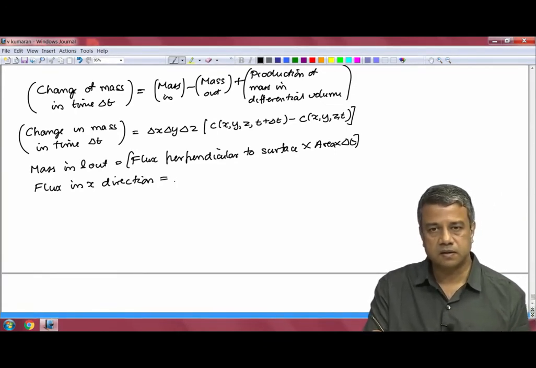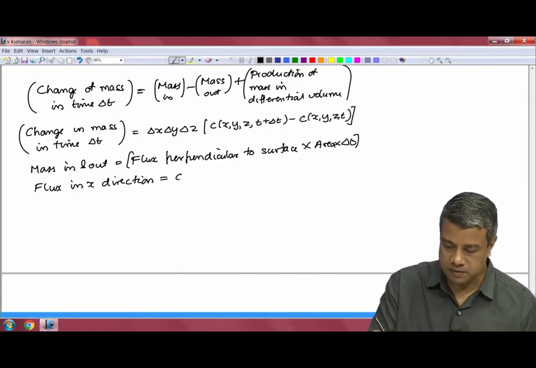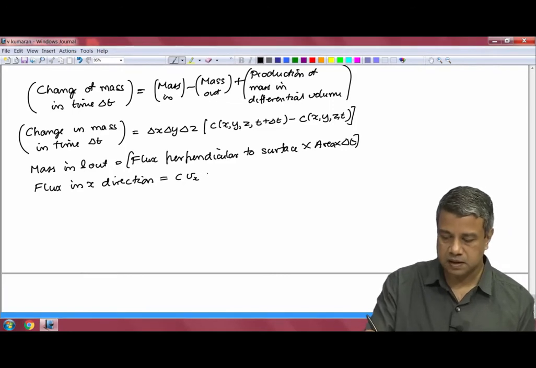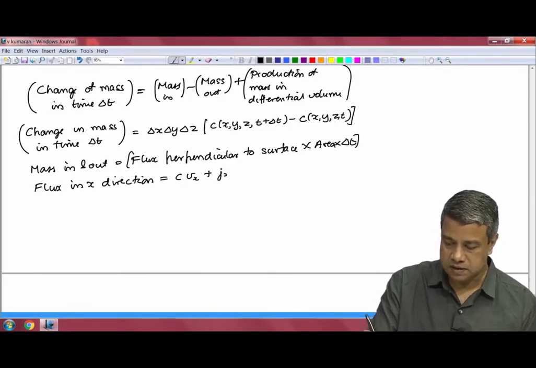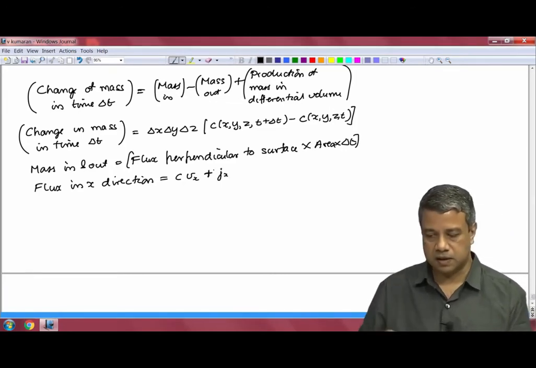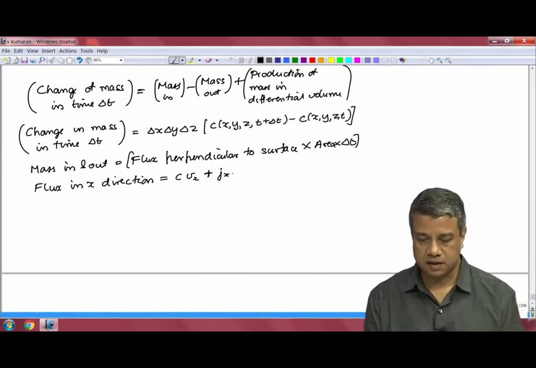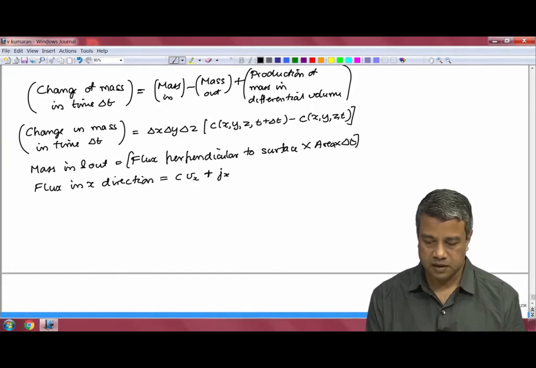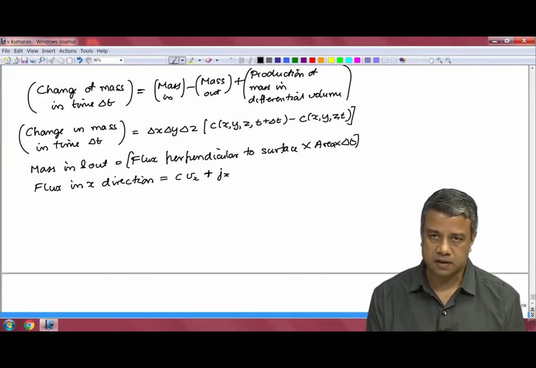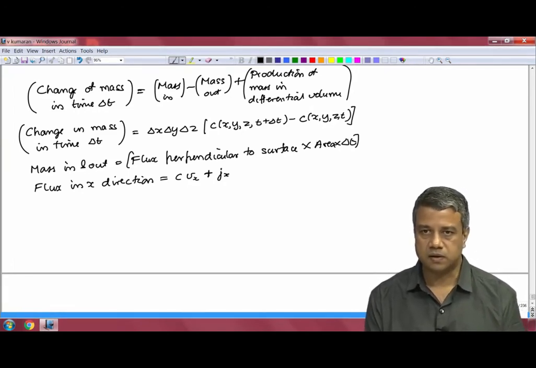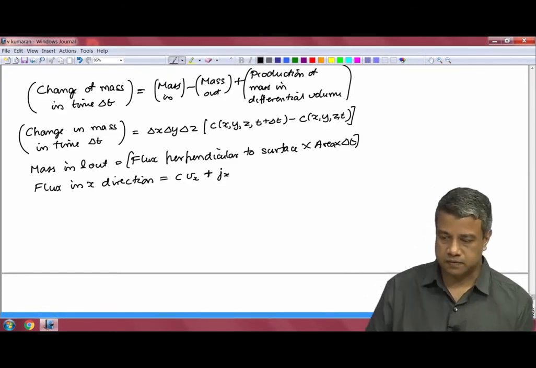Convective flux, you recall, is the product of the concentration and the velocity perpendicular to the surface. And the diffusive flux is J, the component in the x direction. So, this is the flux in the x direction. Using these expressions, we can calculate the mass in and the mass out of the 6 faces of this volume.